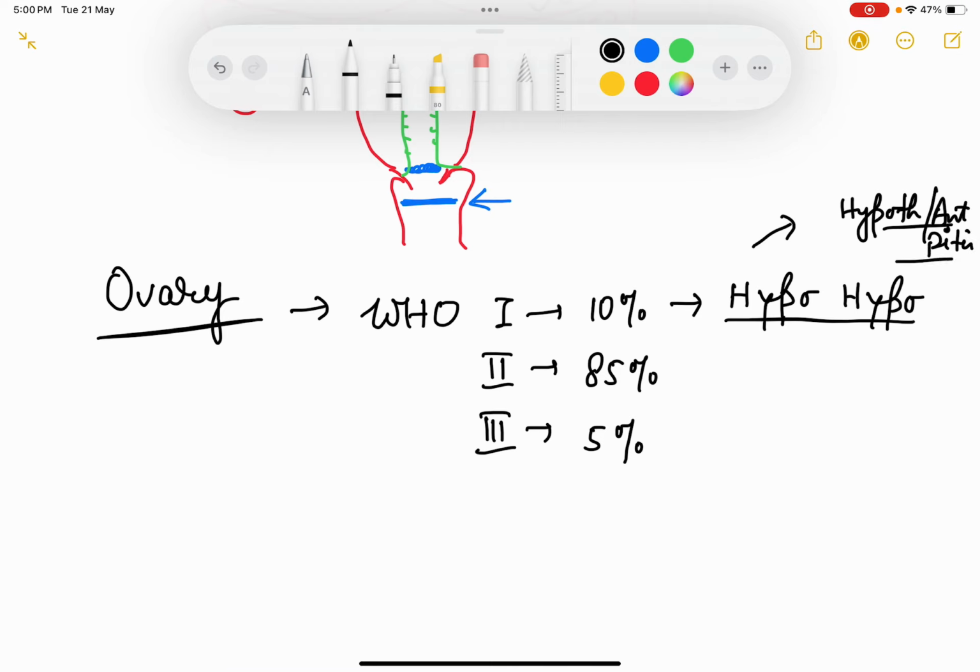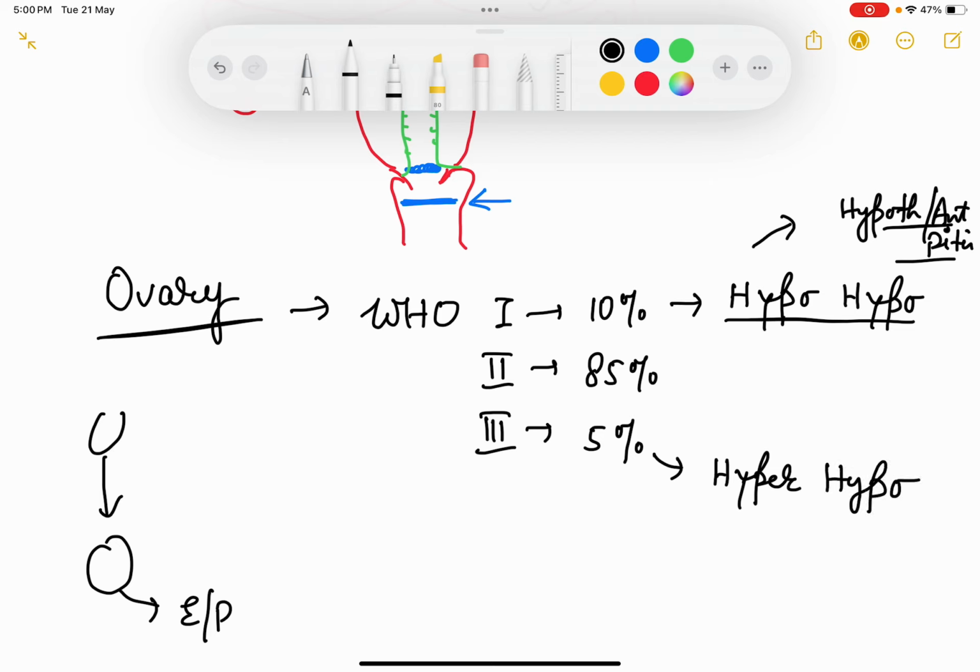So, the defect is higher up, because of which LH FSH is not secreted, and if LH FSH is not secreted, then the ovaries do not secrete estrogen and progesterone. So, this defect is hypo. Class 3 consists of hyper defects. Hyper means hypergonadotrophic, meaning more and more secretion of FSH and LH from the anterior pituitary, whereby there is a defect in the ovary, that is there can be premature ovarian failure or premature ovarian insufficiency or any defect in the ovaries.